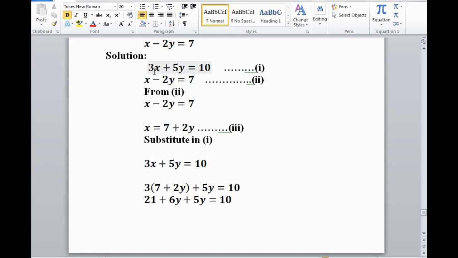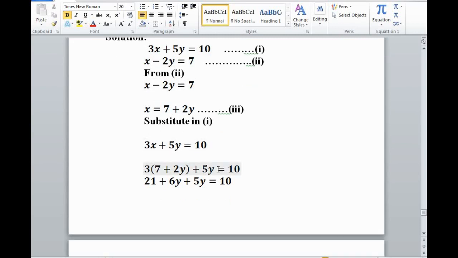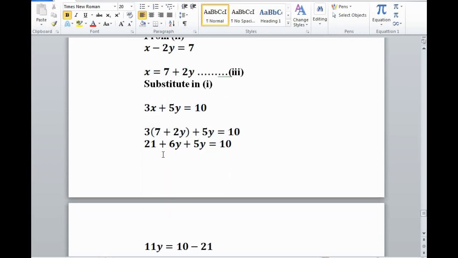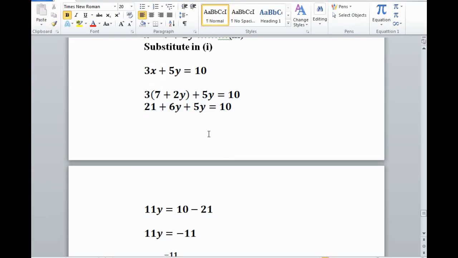So equation 1 is 3x plus 5y equals 10. So what is x? It's 7 plus 2y. So by substituting the value of x, this equation becomes 3 into x, which is 7 plus 2y, plus 5y equals 10. Simplify. 3 times 7, 21. 3 times 2, 6y plus 5y as it is equals right side 10.